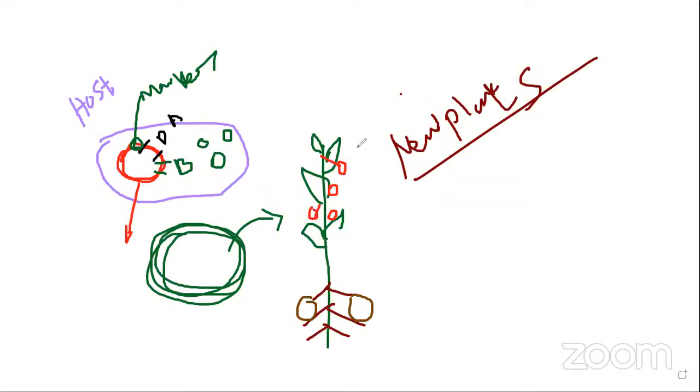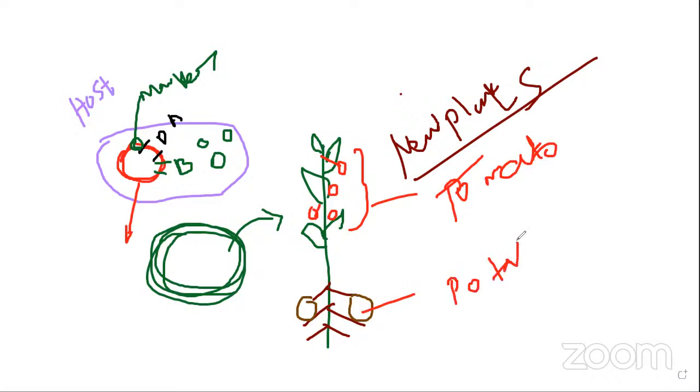So this is beneficial. The upper part is tomato. The lower part, what is that? Potato.